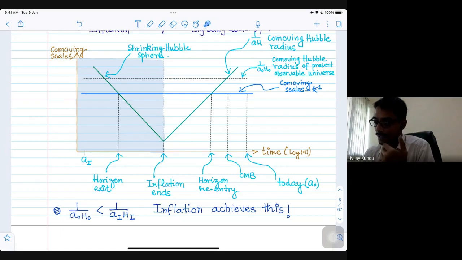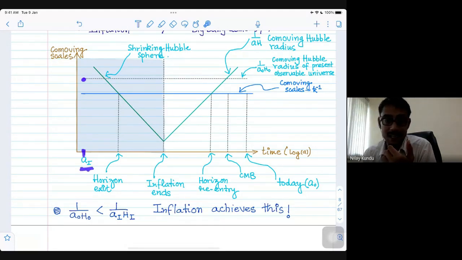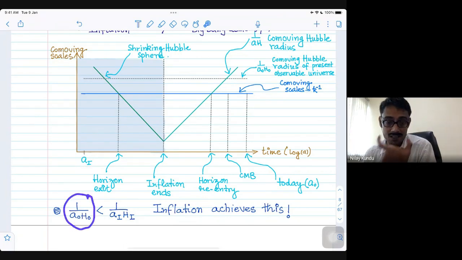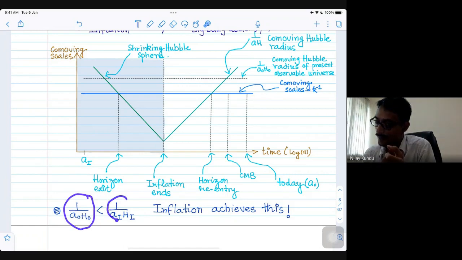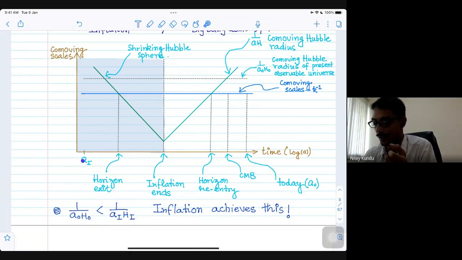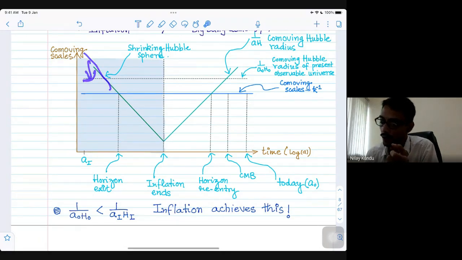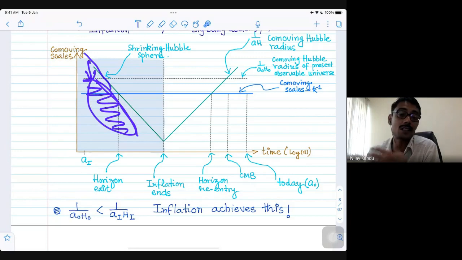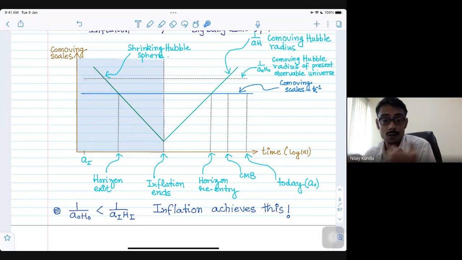All that we need is that at some point in the far past, when inflation started, which is given by this aI, all of our observable universe was within the Hubble radius at the beginning. So all of them were inside this line, and they were all in causal contact. They could interact with each other and send signals to organize themselves in a way that the temperature should be 2.73.